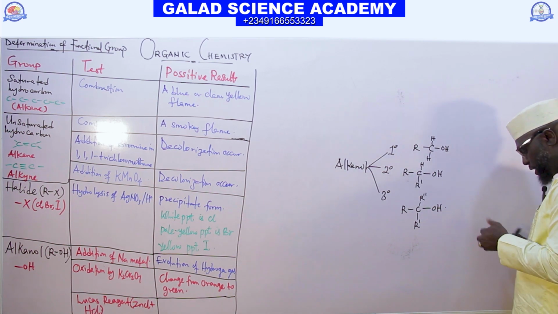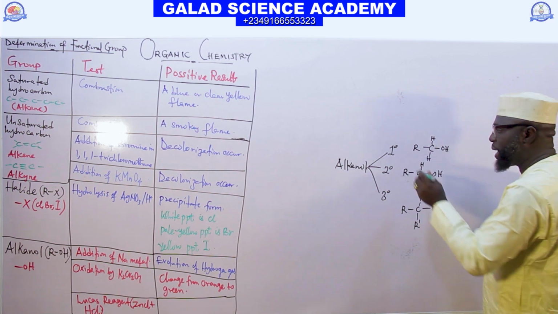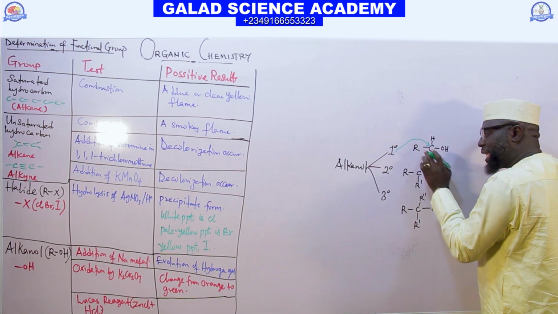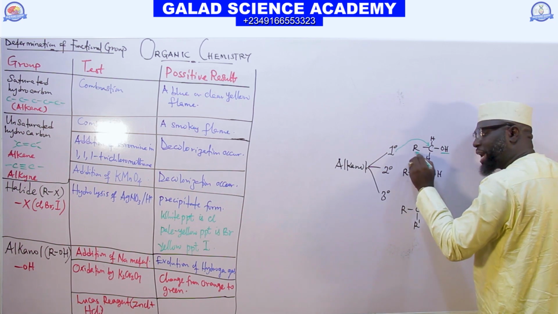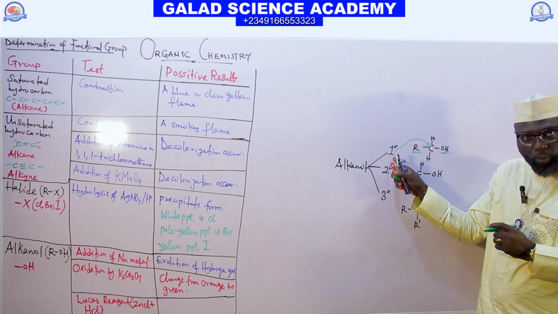You can see that for the primary alkanol, the carbon atom that carries this OH contains how many alkyl groups? One. That's why we call it primary alkanol.